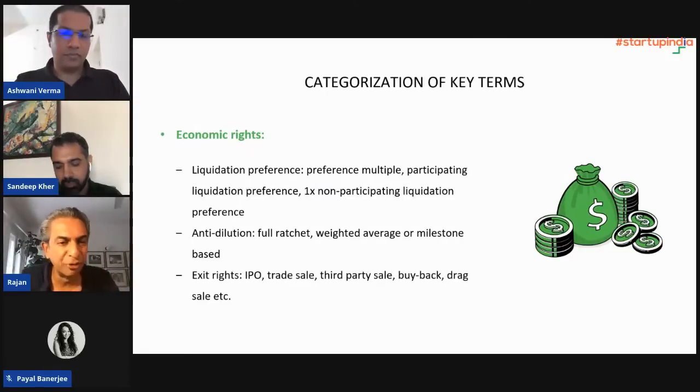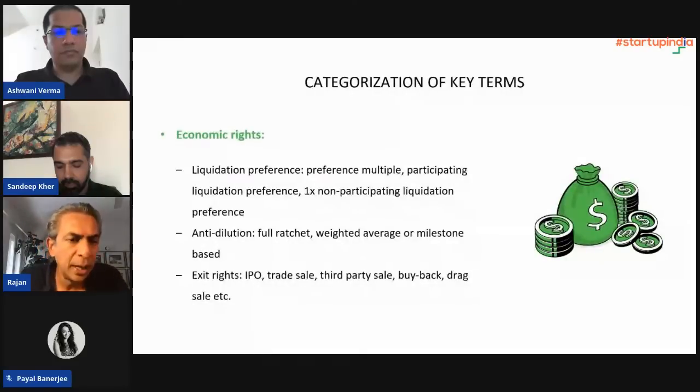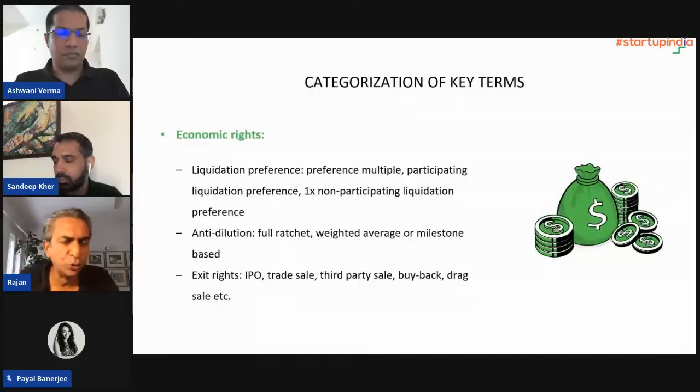Except for friends and family, in most other rounds, let's say you're raising through an angel syndicate, either on Indian Angel Network or on Let's Venture, or from a seed fund or a venture fund, you should expect to dilute between 15 to 25% in most rounds. And by the way, that applies until you get to about Series C.